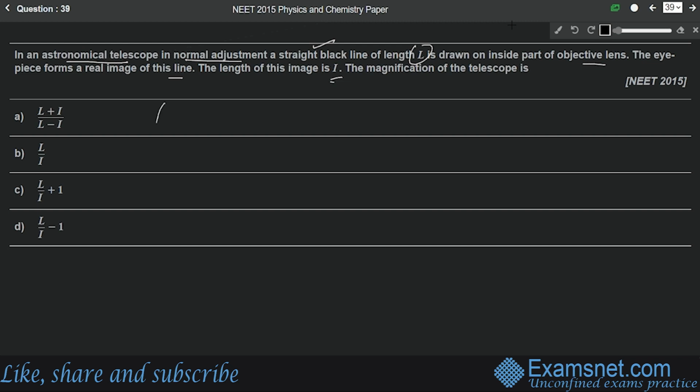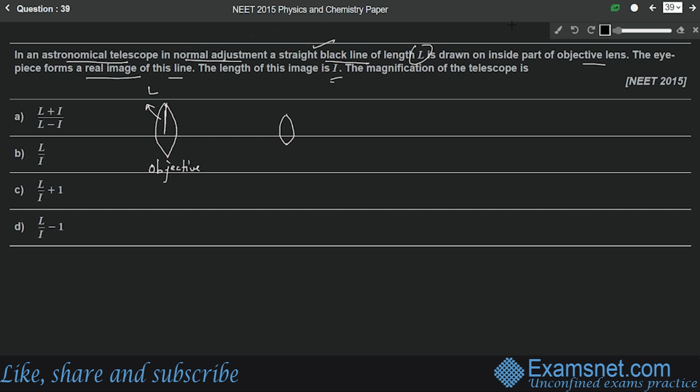So we have an objective lens. This is your objective lens. And here we have an eyepiece. Then in normal adjustment, a straight black line of length L is drawn on inside part of the objective lens. Suppose this is the line that is drawn and the length of this line is L. Then what happens?